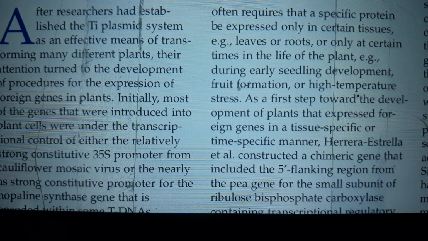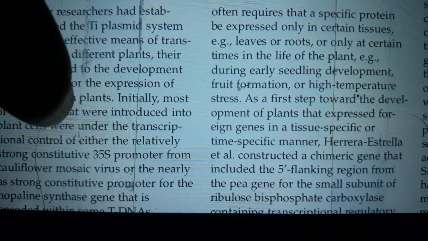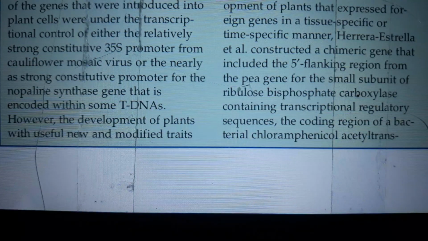Initially, most of the genes that were introduced into plant cells were under the transcription control of either the relatively strong constitutive 35S promoter from cauliflower mosaic virus or the nearly as strong constitutive promoter for the nopaline synthase gene, that is encoded within some T-DNAs.